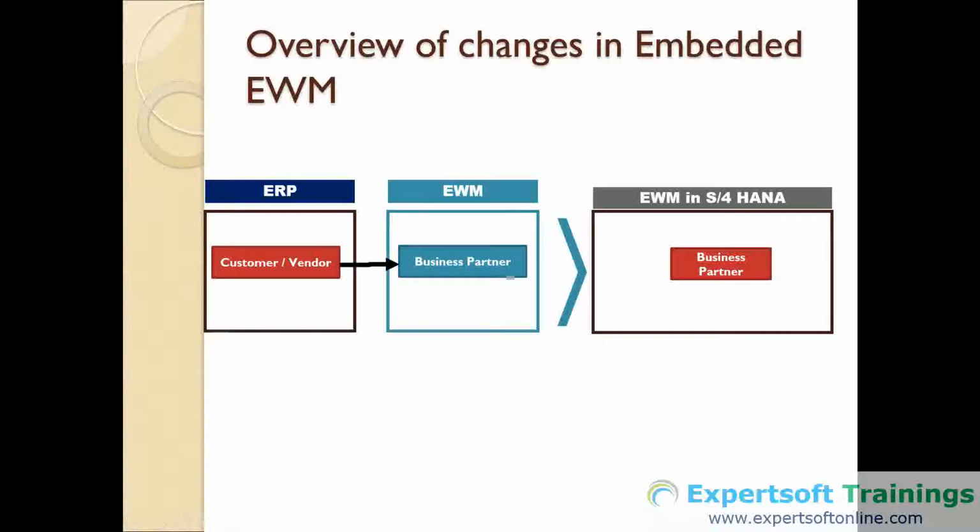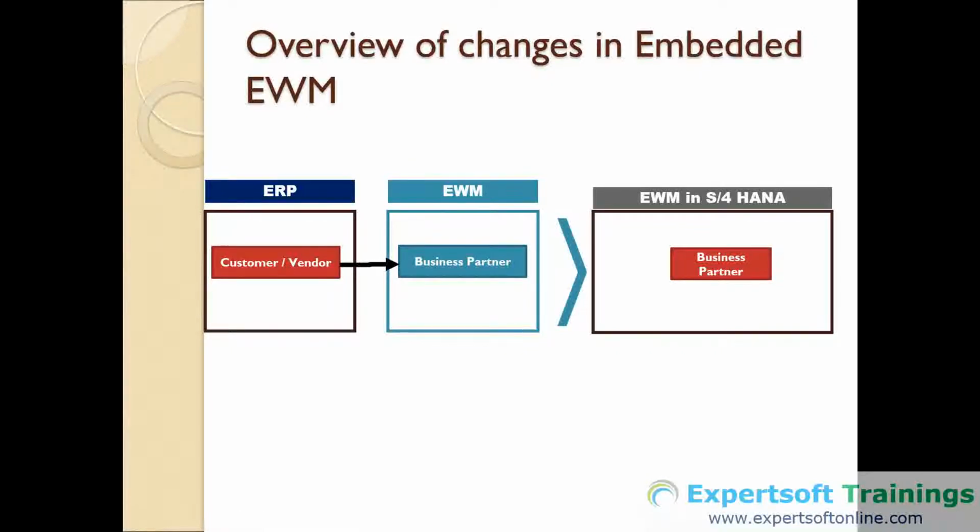The creation of an inbound delivery can happen through your purchase order or through your purchase requisition. Once we create an inbound delivery in the ERP system, it gets transferred to EWM as a notification, followed by an inbound delivery, followed by your warehouse activities. This notification is nothing but a replica of your inbound delivery in the EWM system.